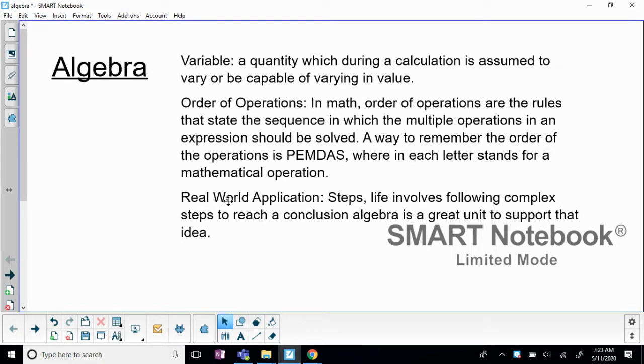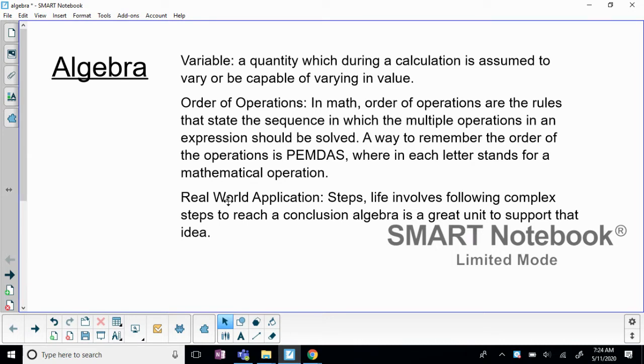So the real-world application for algebra, I put this because sometimes students, when we're doing this work, they say, "Oh, Mr. Griffin, how does this apply to real life? Like adding, subtracting with letters." And well, the thing I really like about algebra is that it involves multiple steps. And variables indicate change and keeping things constant and keeping things balanced.